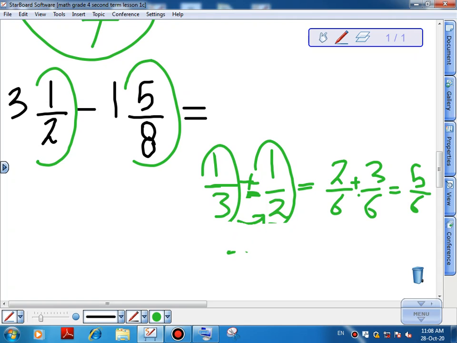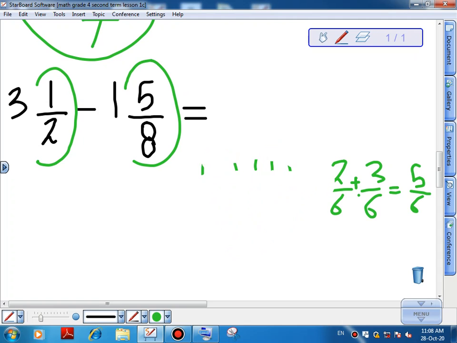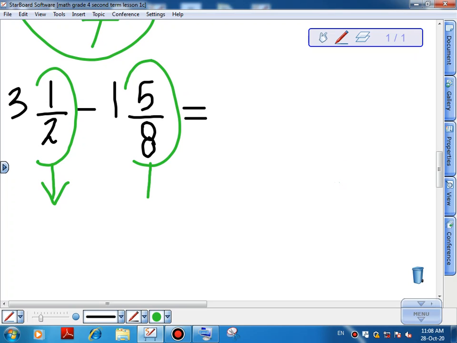The same thing here. We can't add or subtract the whole number first because we have different denominators. So we need to change this fraction to get the same denominator. If we look, the number 8 is an even number and the number 2 is an even number, we can change 2 to be 8 without multiplying 2 times 8 equal to 16.